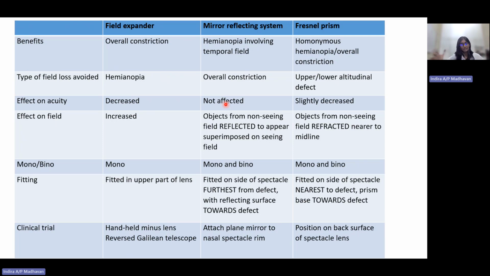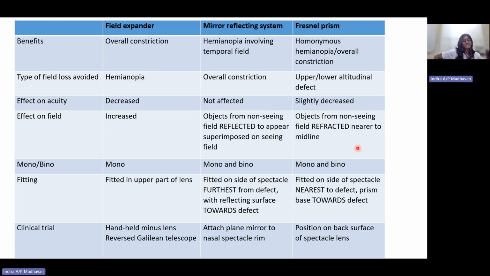So the field of view is expanded. Next, whether it is prescribed monocularly or binocularly: it is actually prescribed both ways, depending on the need of the patient. If both sides are affected, they will prescribe to both sides. If only one side, then only one side.